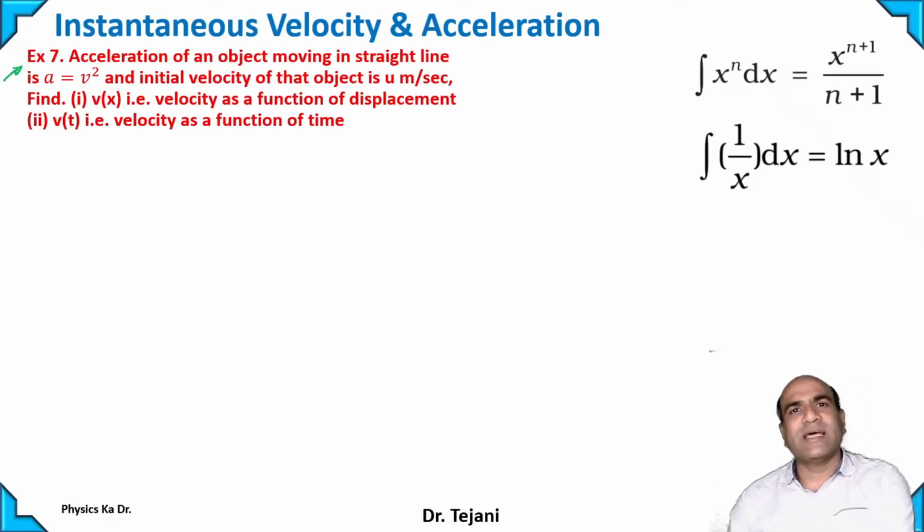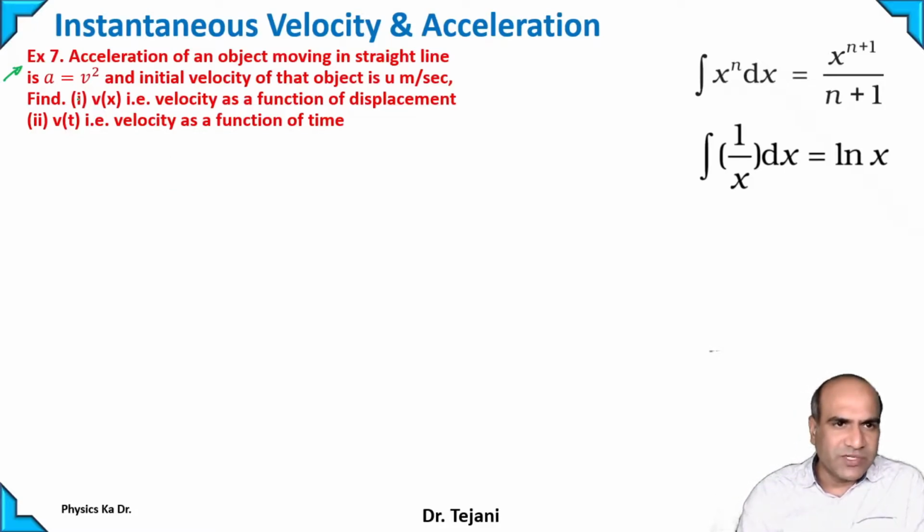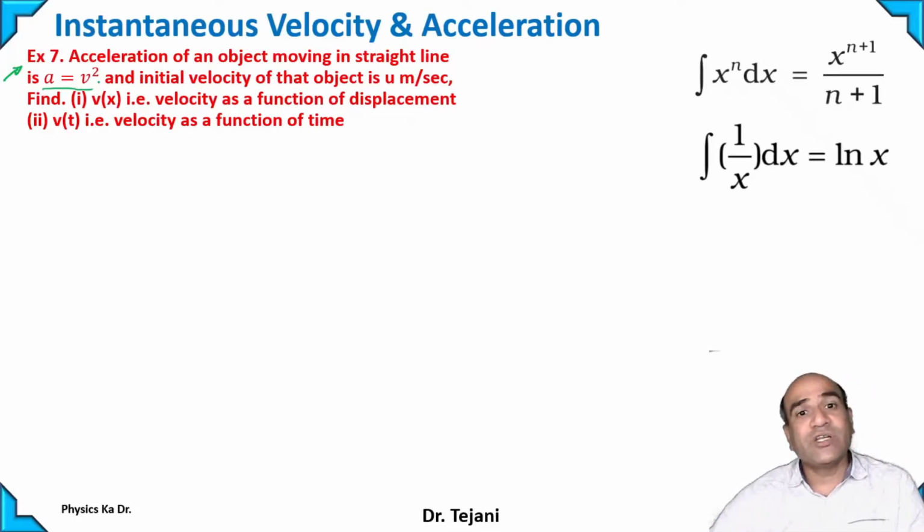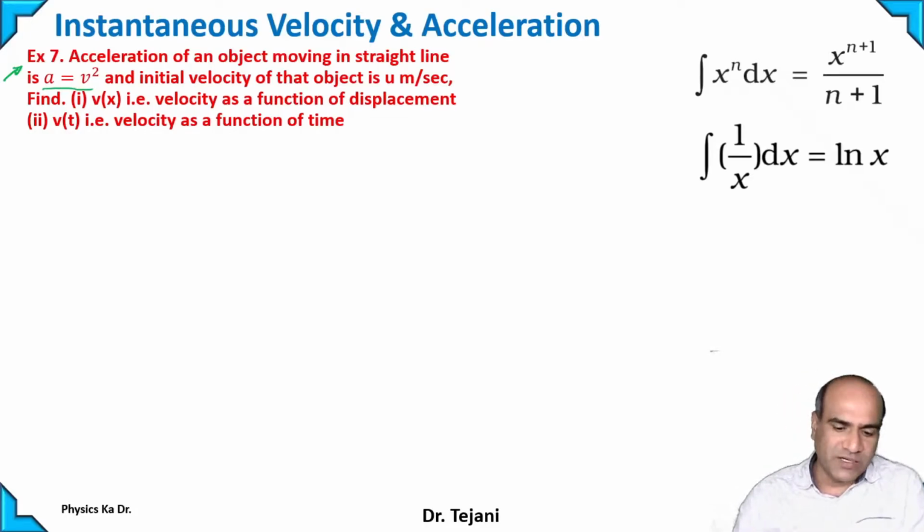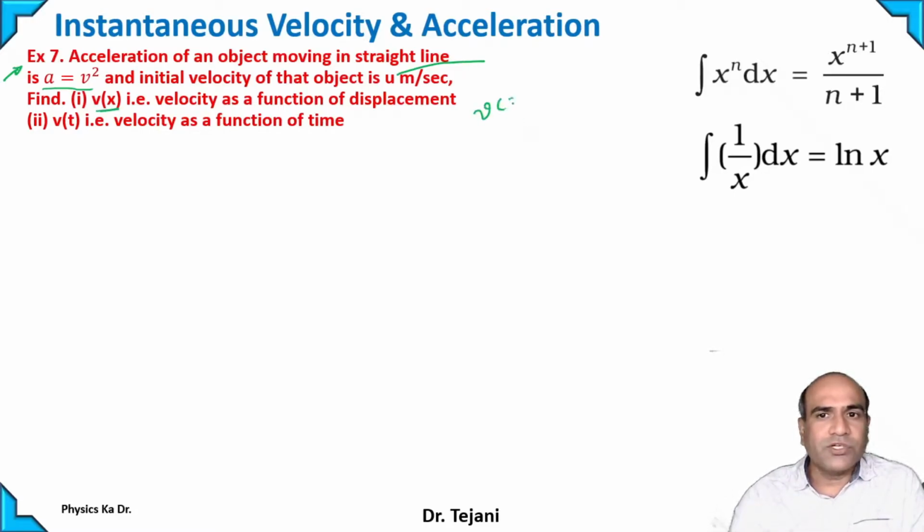Example number 7 is given: the acceleration of an object moving in a straight line is given by a is equal to v square, and the initial velocity of that object is u. Find v of x, that means v as a function of x, so everything on the opposite side should be in the form of x.